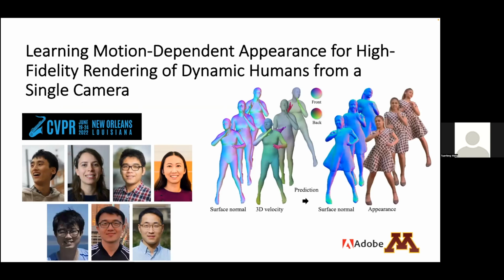That leads to our recent CVPR work on motion-dependent appearance synthesis. In this work, we mostly ask the question of how to effectively learn this body motion feature so that we can model how the garments would react.